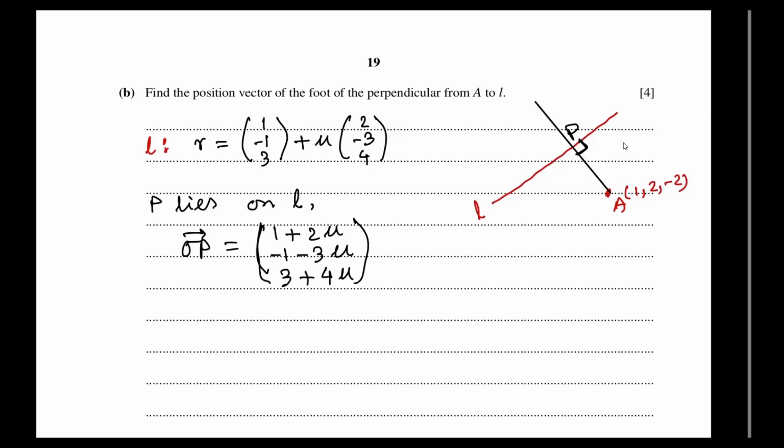And for that, we know that AP is perpendicular to L. So find AP first in terms of mu.